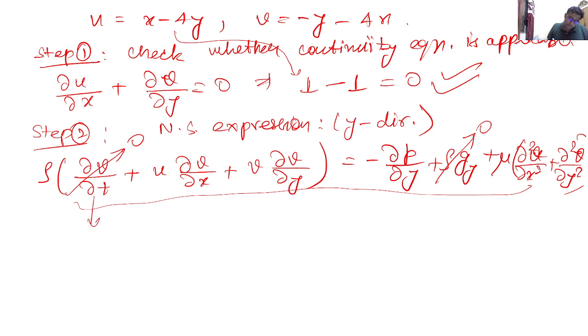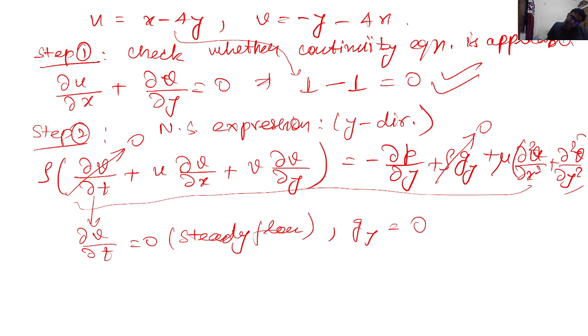This is because of steady flow, which is given in the problem, and gy is equal to 0 because the body forces have been asked to be neglected in this question.